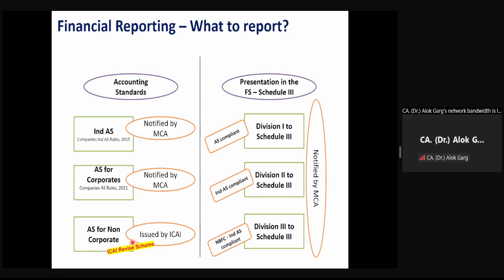Recently, this classification criteria has been changed for non-corporate entities. The last version was the 2021 version. So the Council of the Institute came up with a guidance in March 2021 classifying the applicability of accounting standards to large, medium, small and micro entities. There were four kinds of classification, but now we have two classifications, only large and MSME.